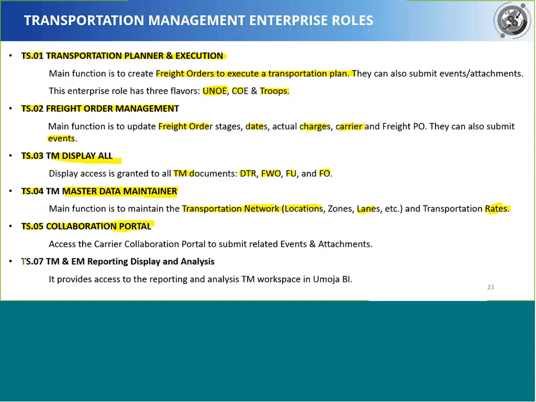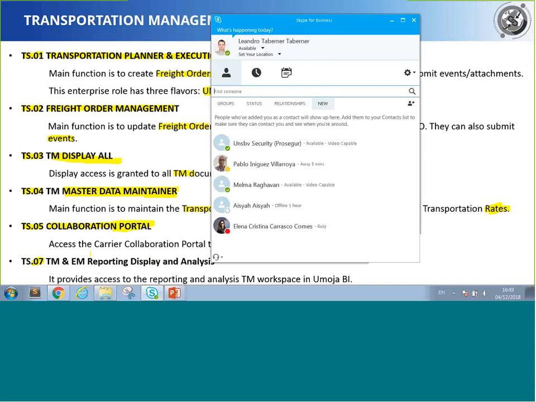And 07 is a new role that provides access to Umoja BI, because there are some reports and analysis workspaces being developed for this project, still under development, but it's a new role that is already available and will be granted once the reports and the analysis workspaces are available.